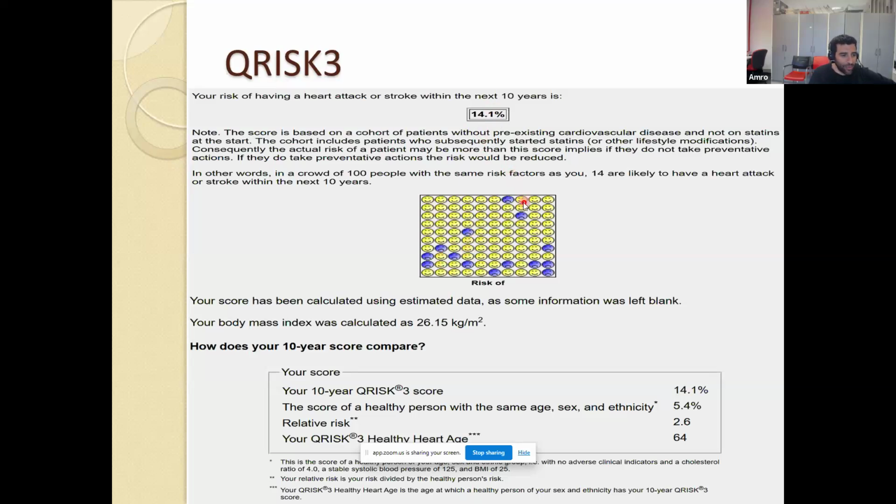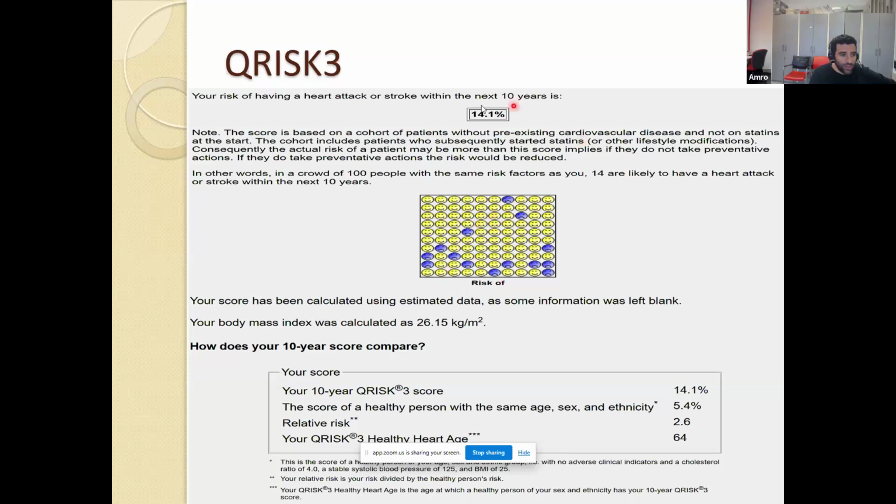So what I say to them quite simply is, for every 100 patients like you who share your same blood pressure, your same weight, your same ethnicity, your same postcode, who share the fact that you smoked 20 a day and stopped 10 years ago, 14.1%. So 14 patients out of 100 will have a heart attack or stroke in the next 10 years. That's what I tell them.